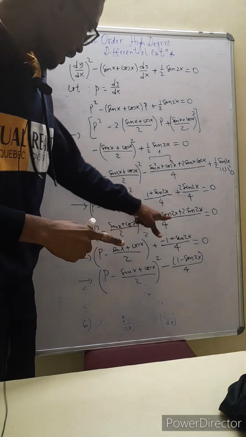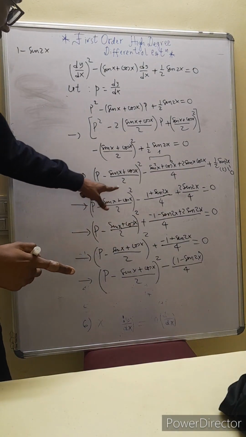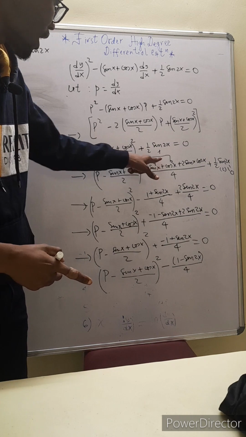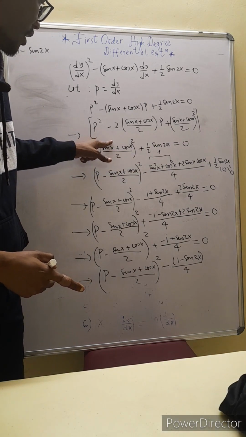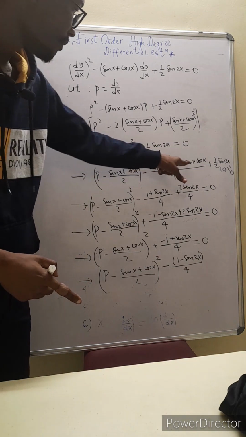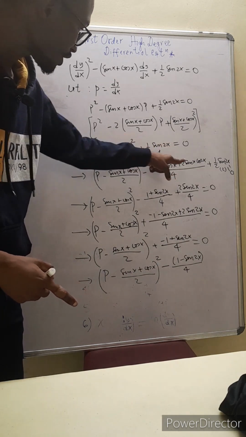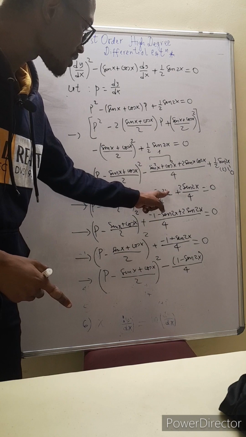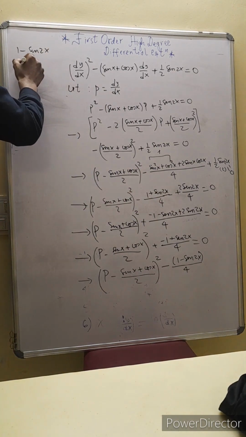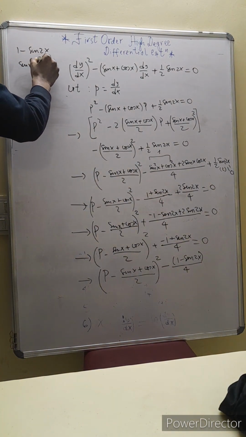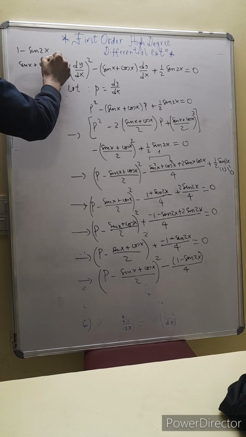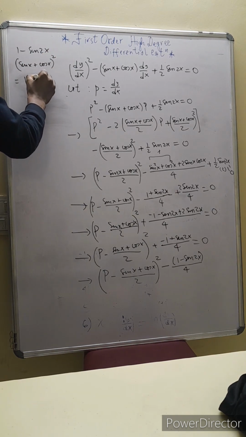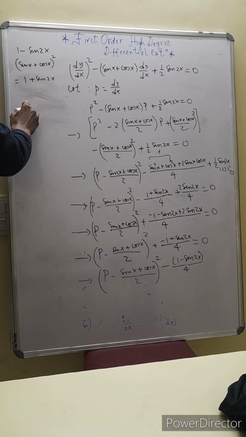Do you remember what happened here? When we square this expression, we got this expression here. And what is this? This and this is 1, sin of 2x. It means that (sin x plus cos x) squared is equal to 1 plus sin of 2x, okay?